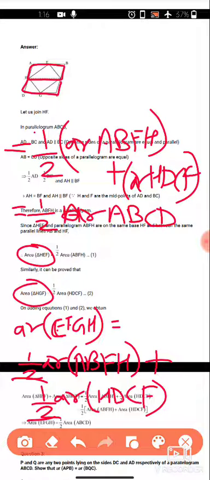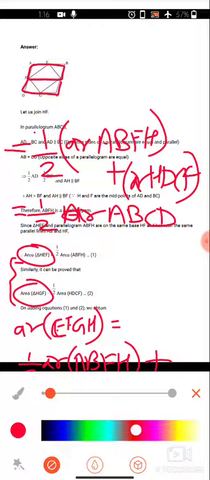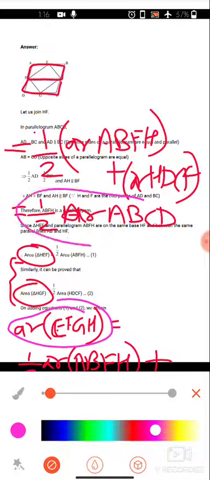So your ultimate answer, the addition of both these triangles, that is EFGH. So area of EFGH will be equal to half of area of ABCD. So this is your final answer.